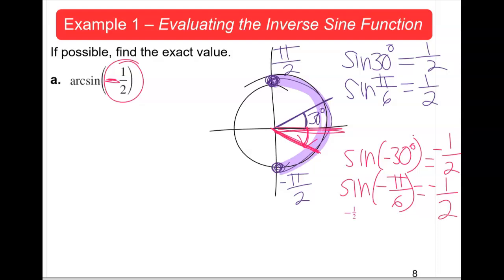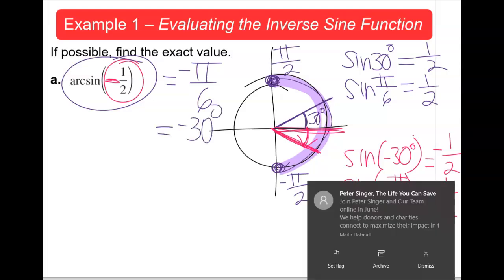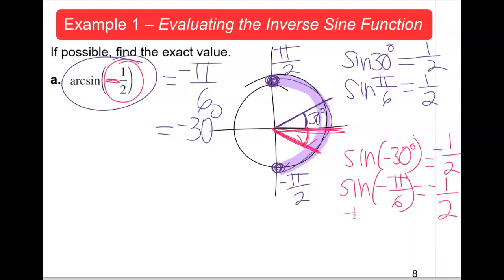And so the answer to our question is simply negative pi over 6, or we could also say negative 30 degrees. That just depends on how WebAssign wants you to answer the question.